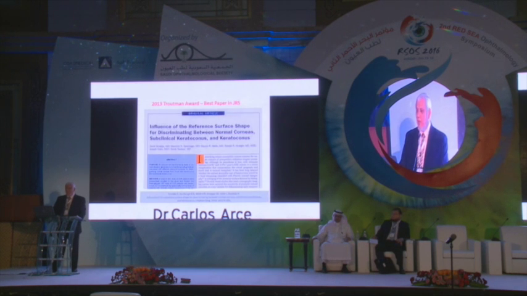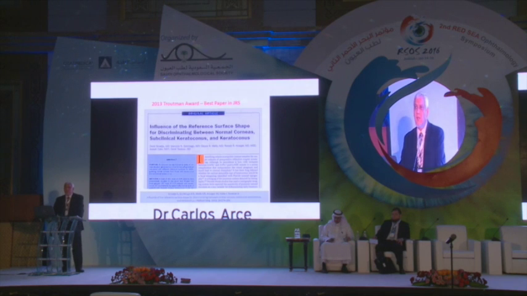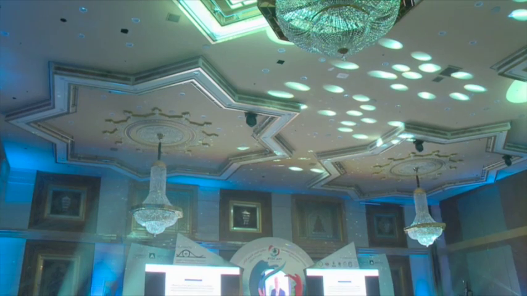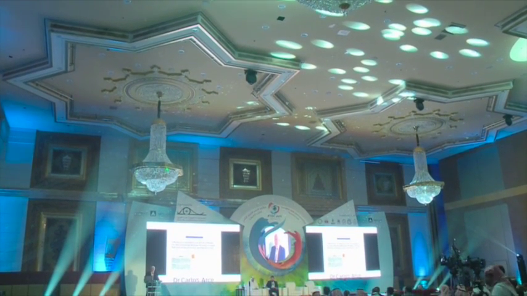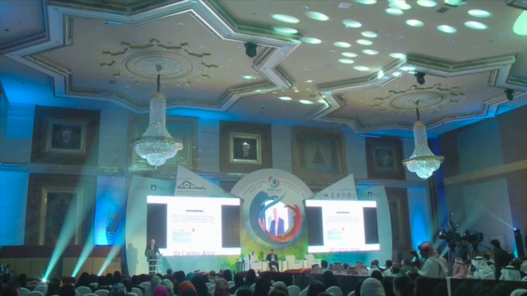So I have taught this since 2009, 2010. However, this began to be known more after 2013, when this paper won the best paper of the Journal of Refractive Surgery.